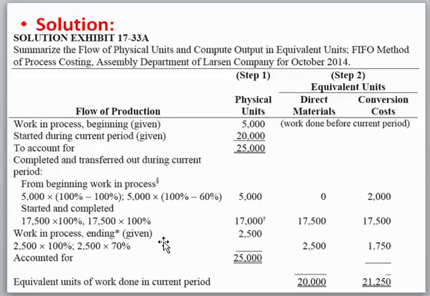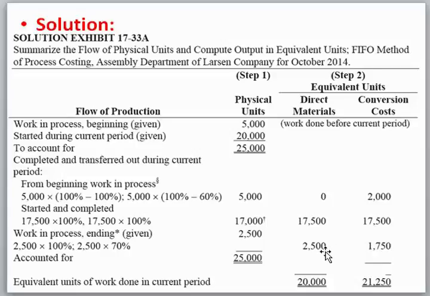And also the work in process ending will be 100% for the direct material, which is 2,500, and only 70% in the conversion cost. So 2,500 multiplied by 70% will be 1,750.